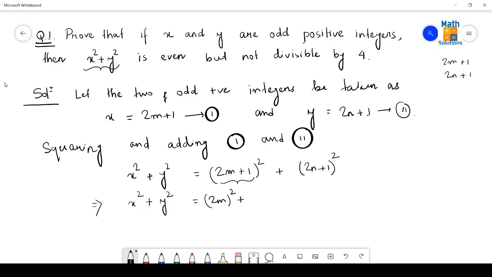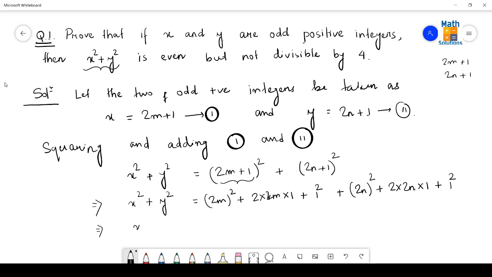So this is a square, that means 2m whole square, twice ab will be twice m into 1, plus 1 square. While for the second case, for this term twice n plus 1 whole square, I can get here twice n whole square plus 2 into twice n into 1 plus 1 square.